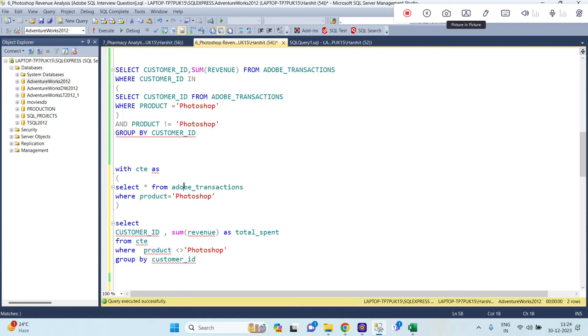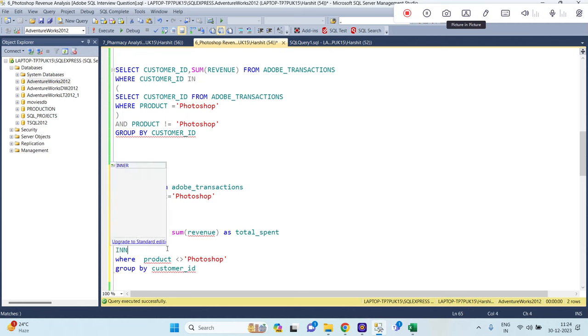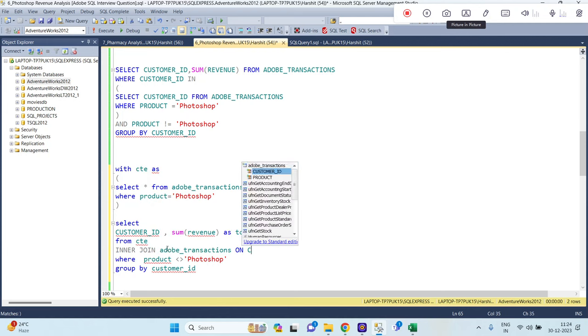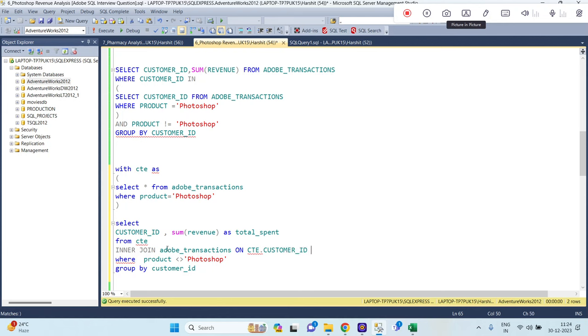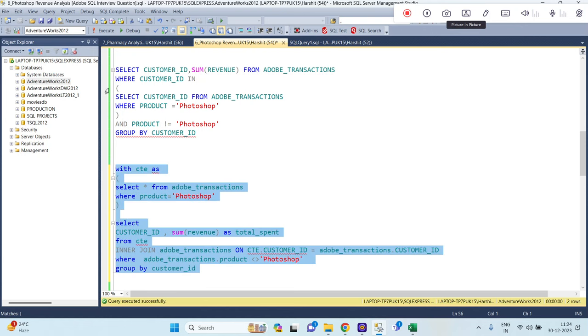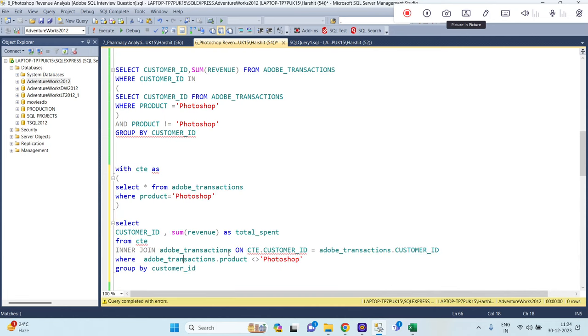Yeah, this query we can join with this one, like this one's city dot customer ID is equal to this one dot customer ID, and now here we can take this one dot... now I think it will give a result. So the revenue will come here.